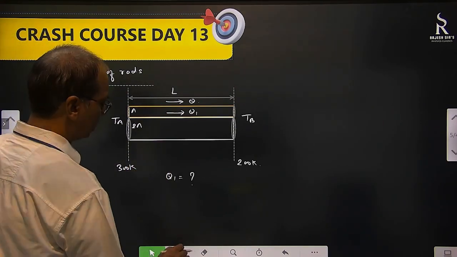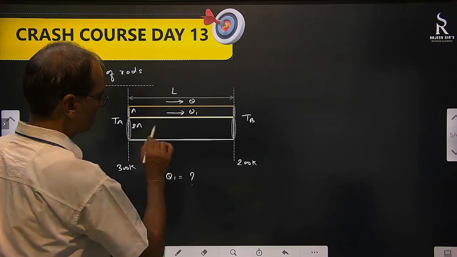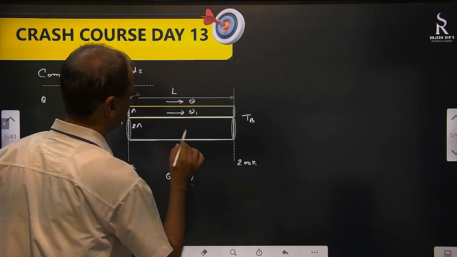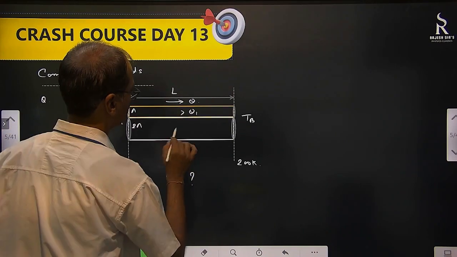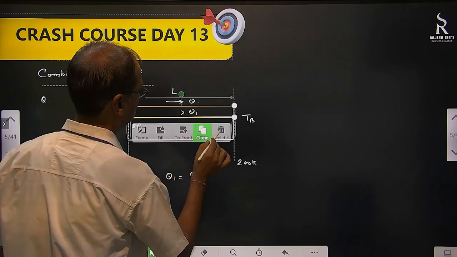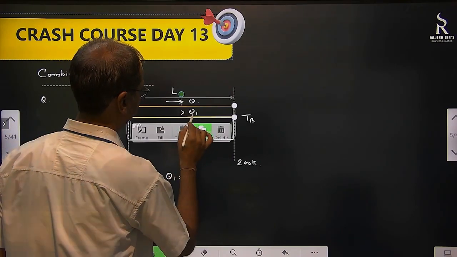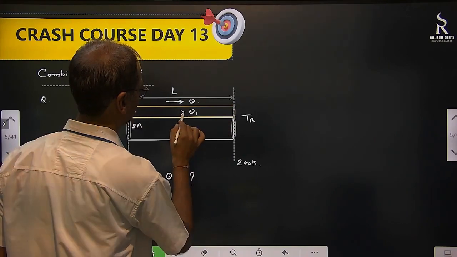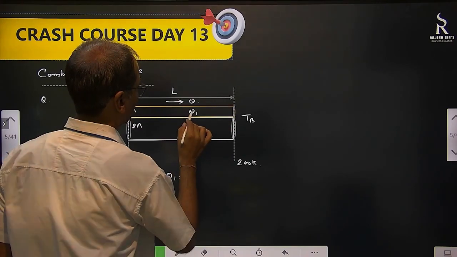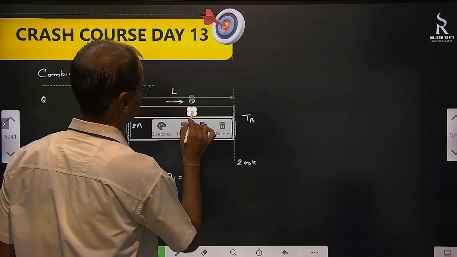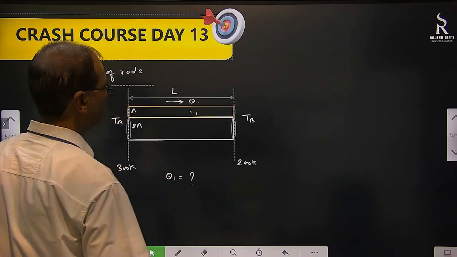The Q1 is placed at the wrong place, so I will just remove this. It's not Q1.